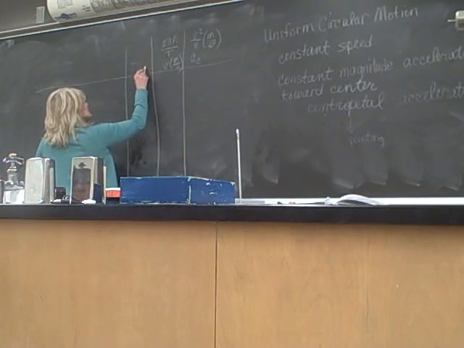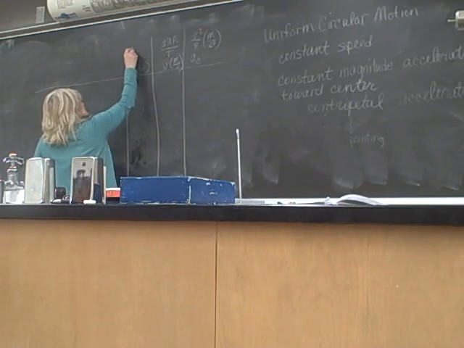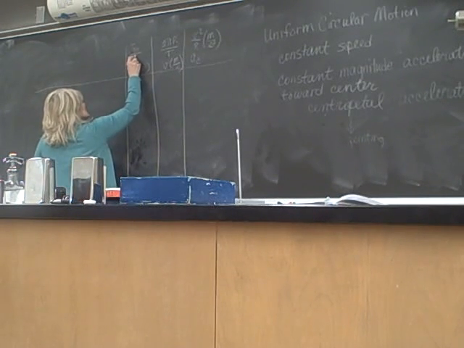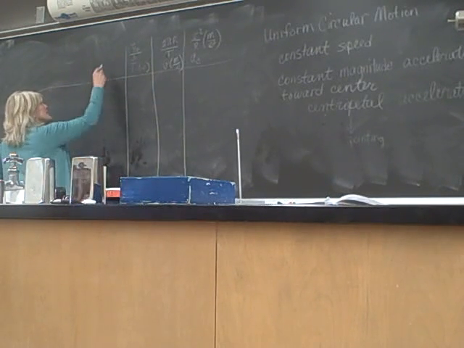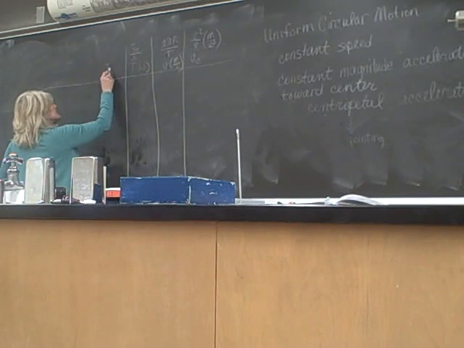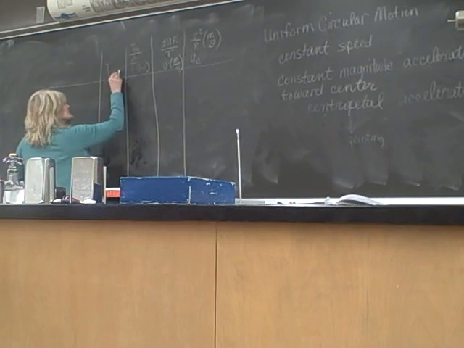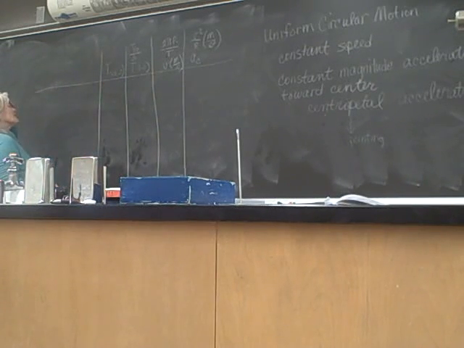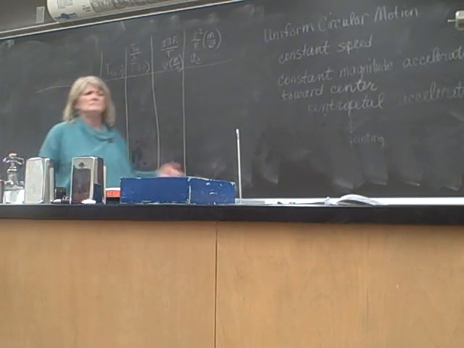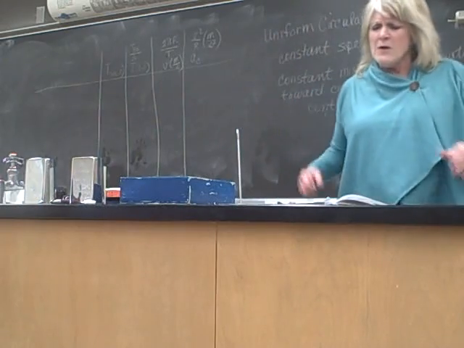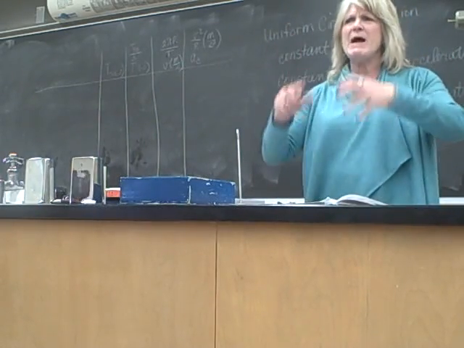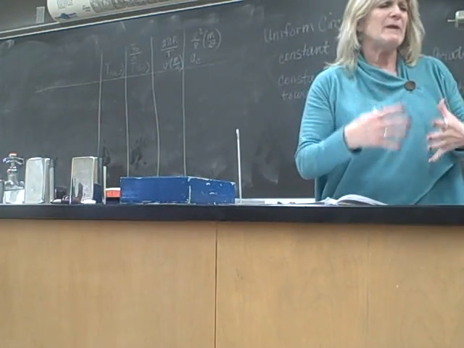One is just capital T, which is going to be the T for 50 divided by 50. And then over here, you're going to time 50 revolutions. That will also be in seconds. Okay, so those are all things about the acceleration, about the motion.